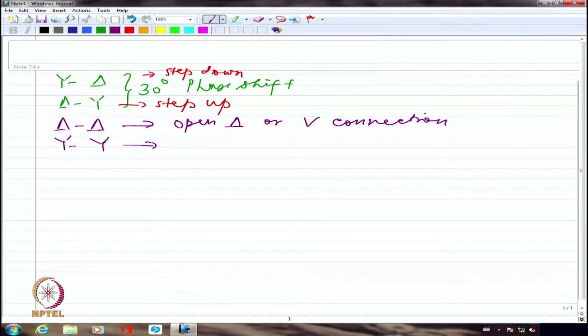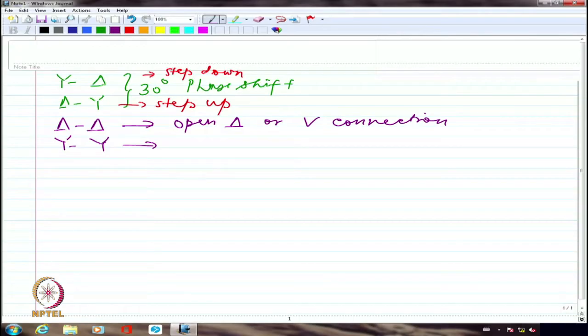So this will have the current having the fundamental component, that is the 50 Hertz component, which is sinusoidal in nature. Apart from that, it will have third harmonic, fifth harmonic, seventh harmonic, and so on.